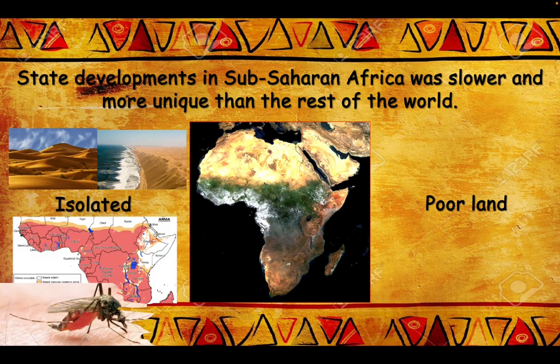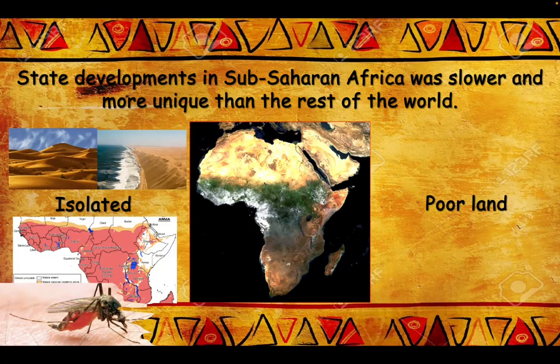Also, Africa is home to deadly diseases, both malaria and sleeping sickness, to which somebody who lives there has a limited immunity, but somebody from the outside does not. So the bottom line is that this isolation prevented a lot of cultural diffusion of political systems and other things into the subcontinent.